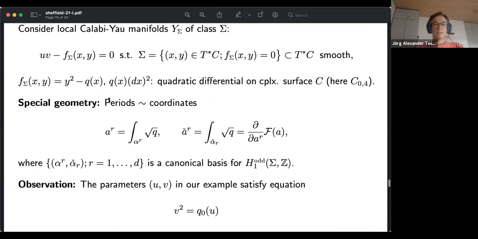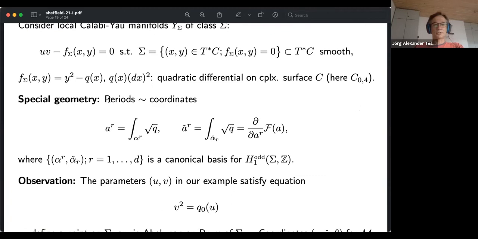Basically, the complex structures of such threefolds will be parametrized by the so-called period coordinates. We're taking the square root of this potential q, which is well defined on this cover sigma, and we can take its periods along a canonical basis.